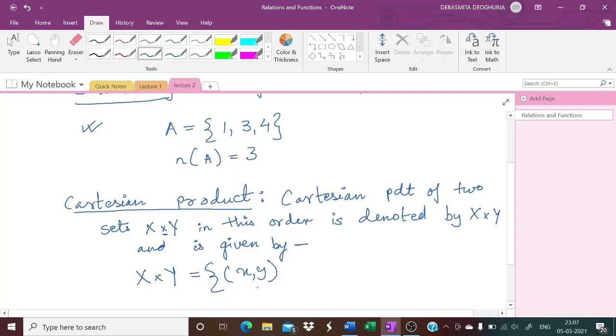This is the ordered pair, okay, ordered pair x and y such that x belongs to the set X, and y belongs to the set Y. So what does this mean?